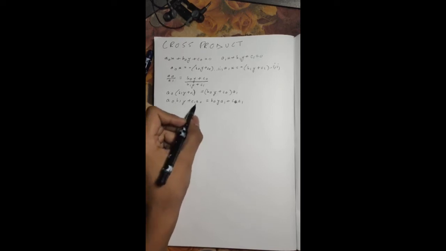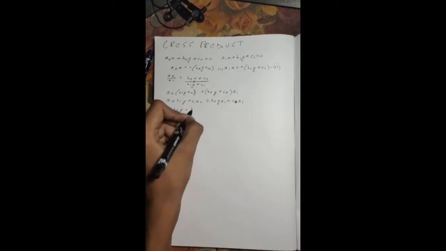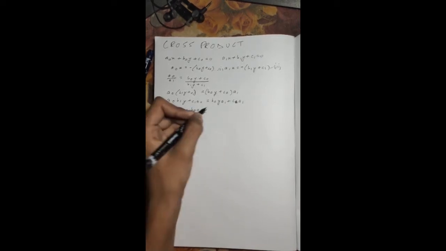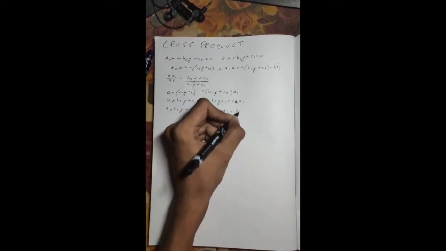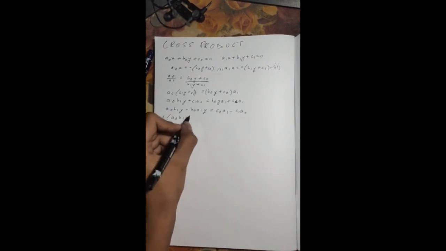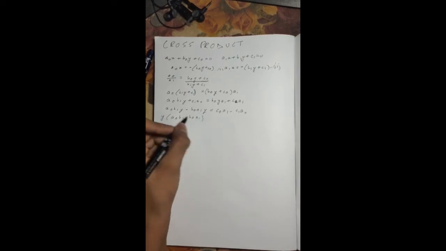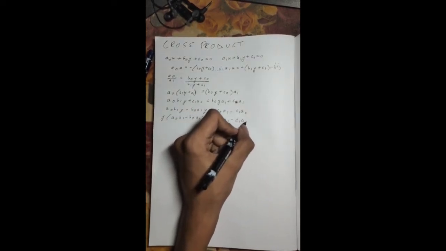So here we'll get a naught b1 y minus b naught a1 y, and c naught a1 minus c1 a naught, and we can factor out the y, and we have a naught b1 minus b naught a1 equals c naught a1 minus c1 a naught.